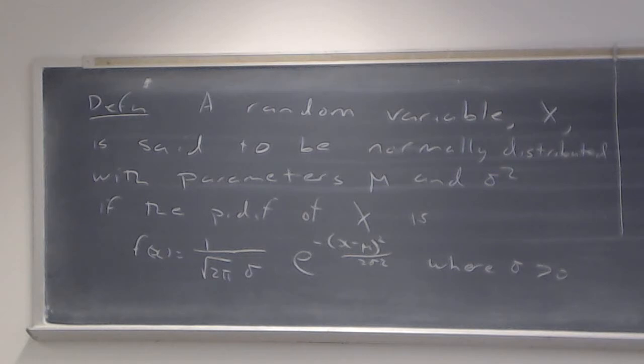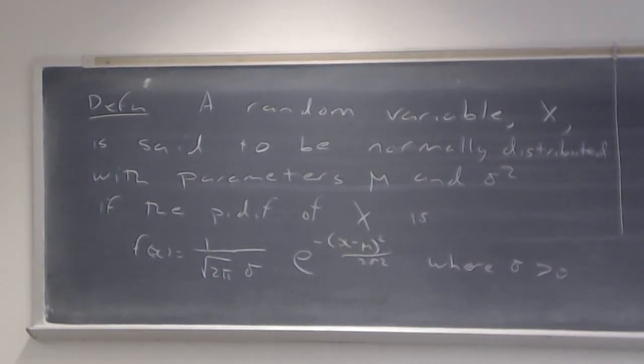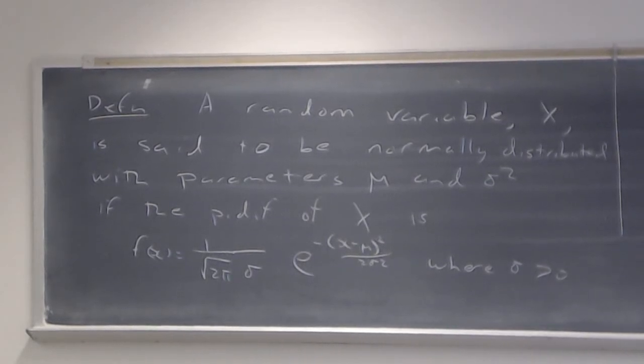Okay. So that's the definition, and of course one of the things we want to look at is if we can show that the integral over the whole real line is equal to 1.